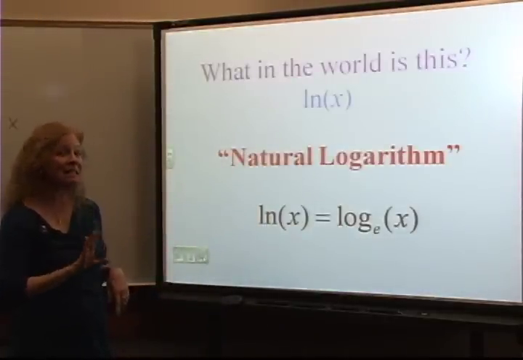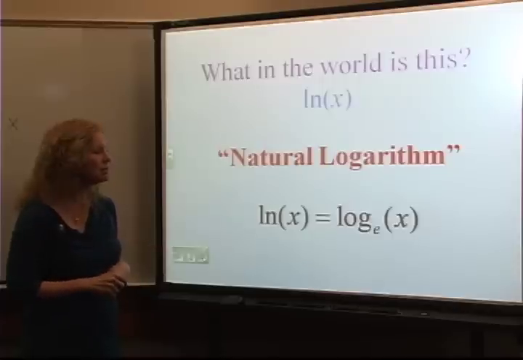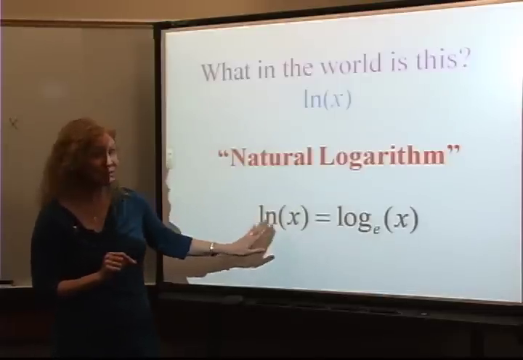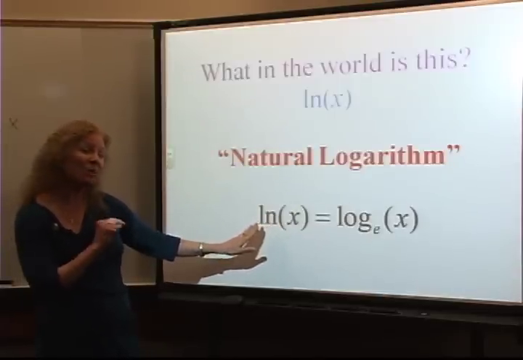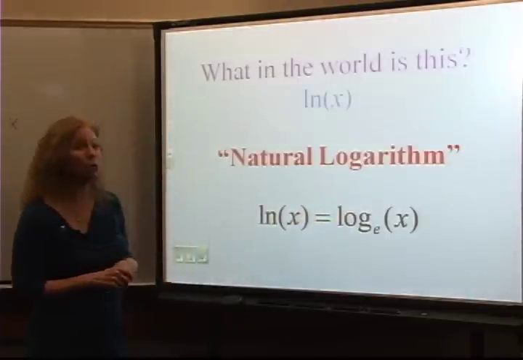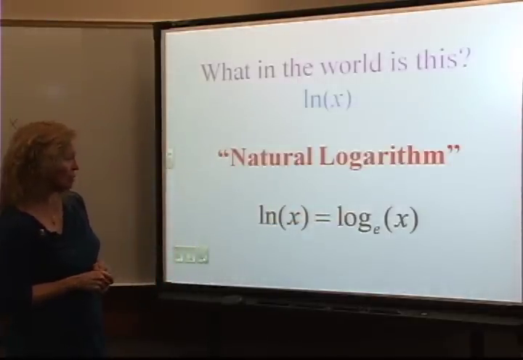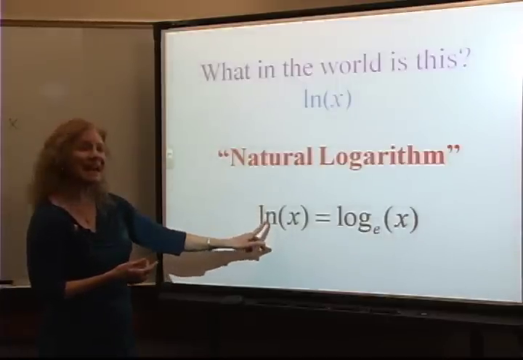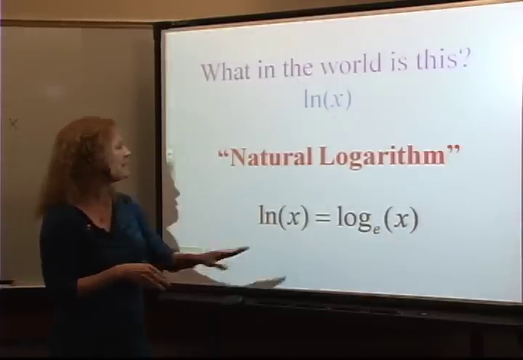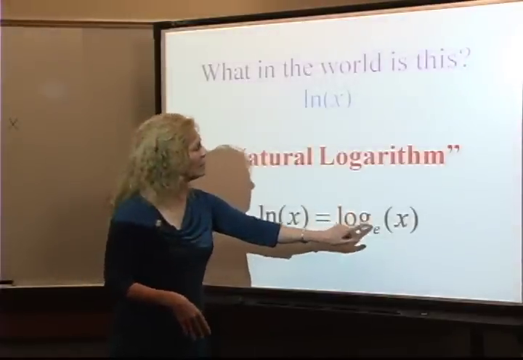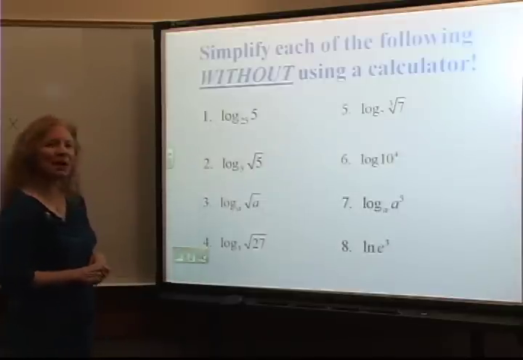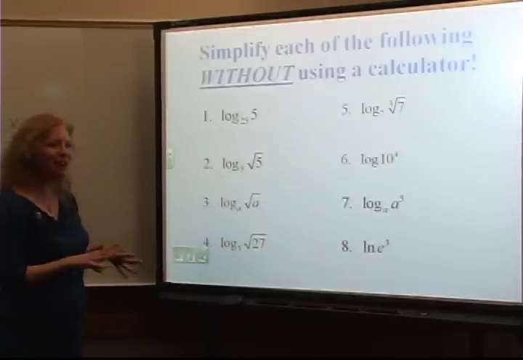And in fact, if you proceed on into calculus, you're really going to like these ln's most of the time. They're usually easier to work with in a calculus course than the log logarithms are. Okay? So if you can get comfortable with the idea, you see ln, it simply means it's a logarithm, it's base e.